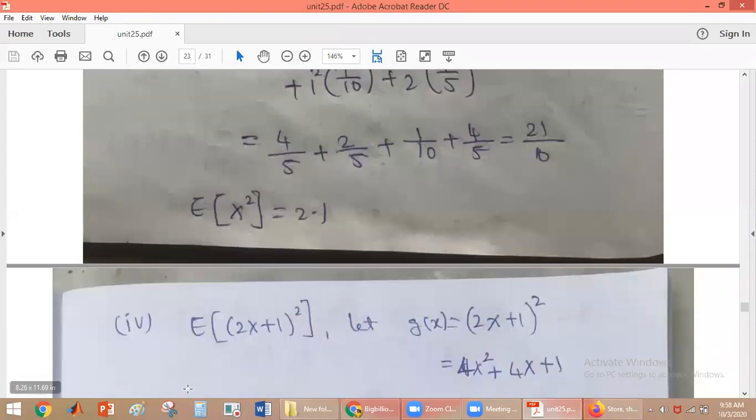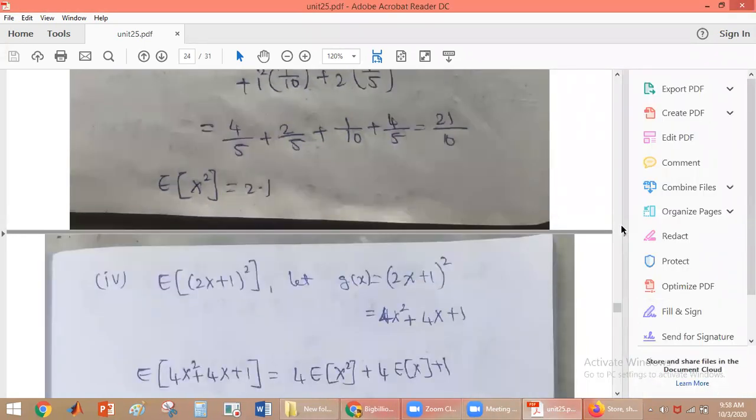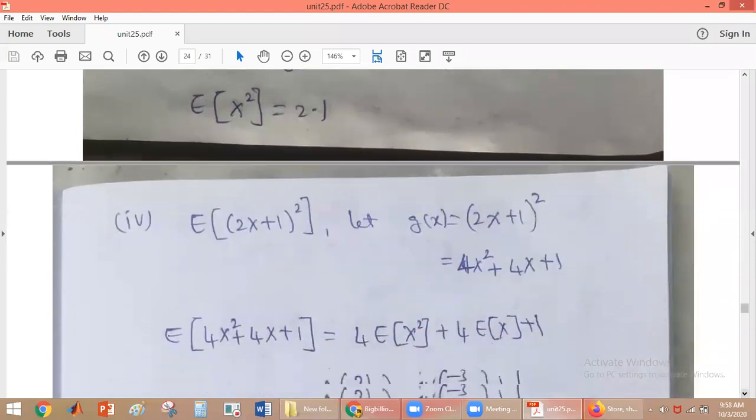The next one is to find the expected value of (2x plus 1) square. So now g of x is (2x plus 1) square. We expand this and get 4x square plus 4x plus 1.